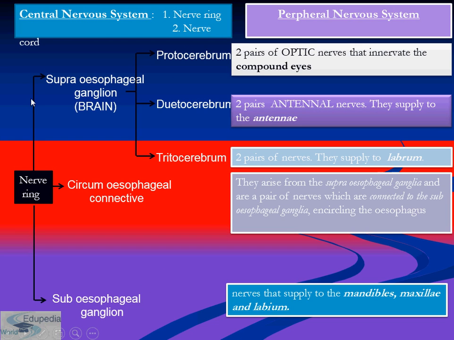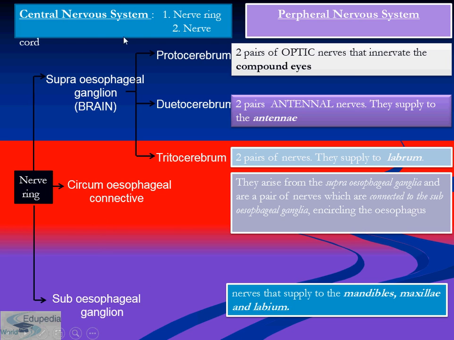The nerve ring has the supra-esophageal ganglion, which we call the brain, divided into protocerebrum, deutocerebrum, and tritocerebrum.